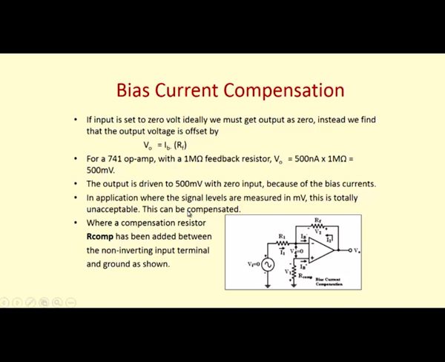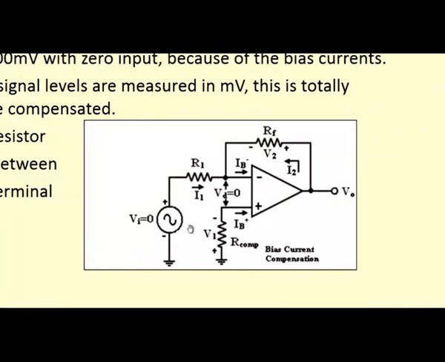So we have to do some compensation technique to nullify the output voltage produced by the bias current IB minus. What we have to do is connect a compensation resistance R at the positive terminal, in between the positive terminal and the negative terminal. If it is not used, then what will be the effect on the output voltage?